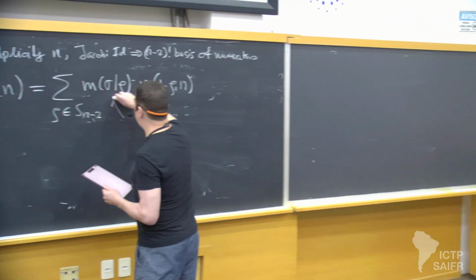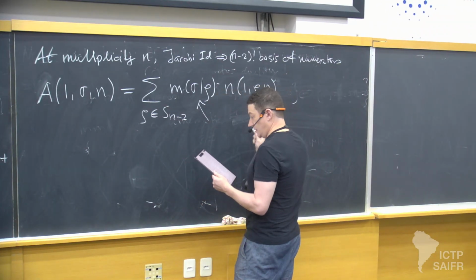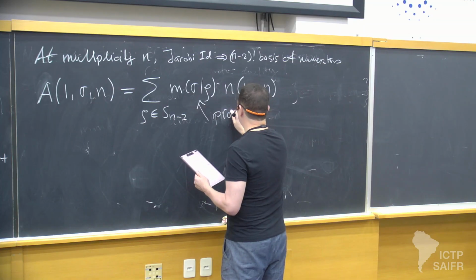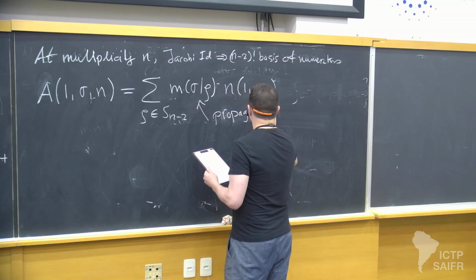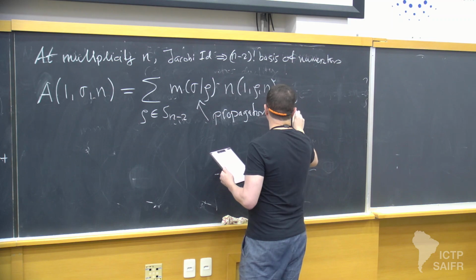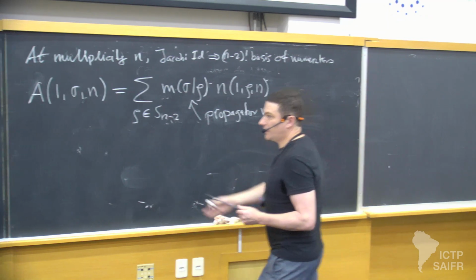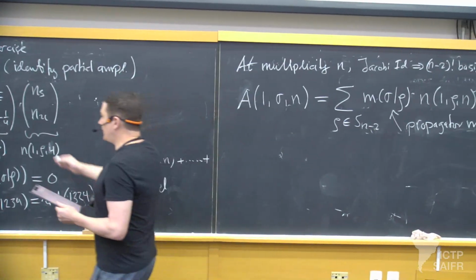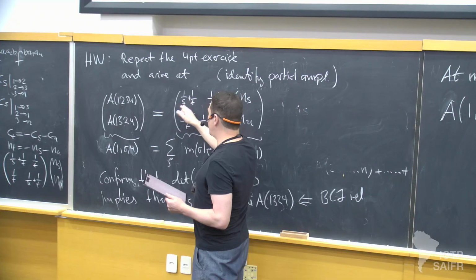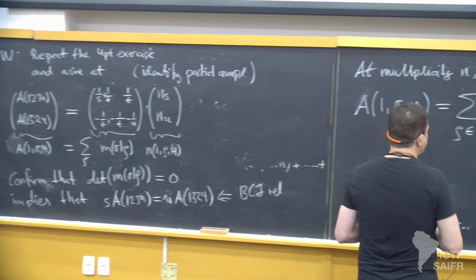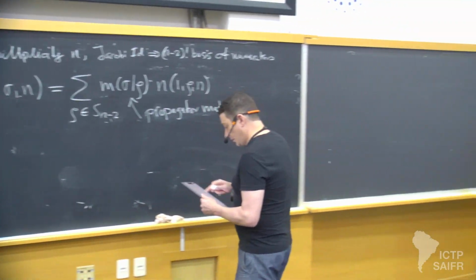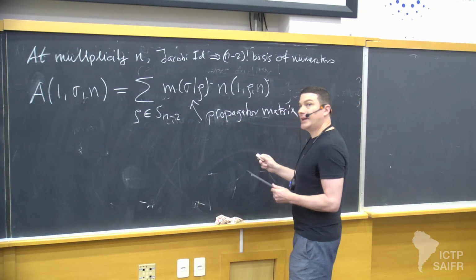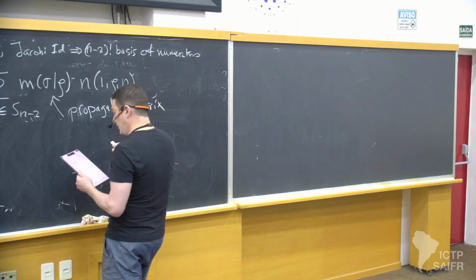And I should say that this matrix here has many names. I think in some early work it was called the propagator matrix, basically because it's a bunch of propagators. It's not that each entry is a propagator, but each entry is a sum of propagators. But it can also be identified with amplitudes in a particular theory.